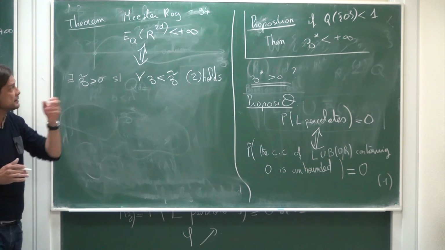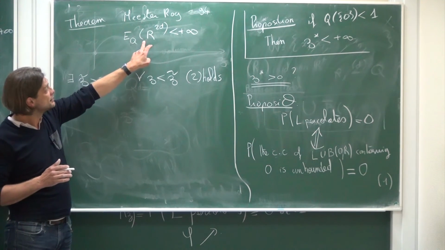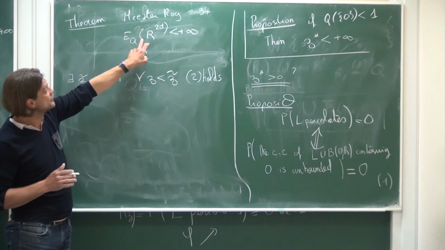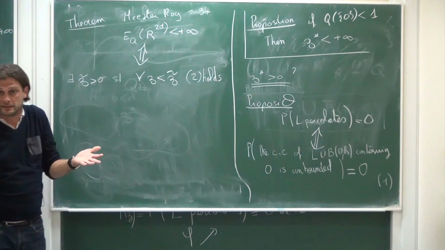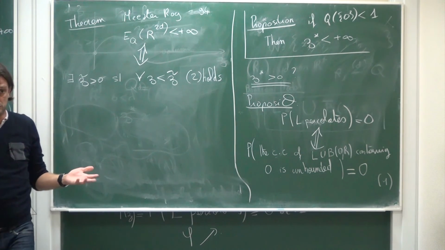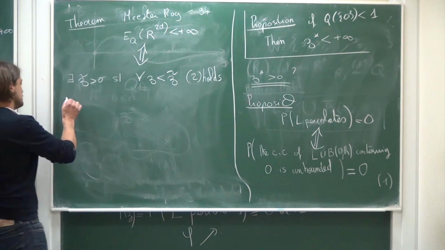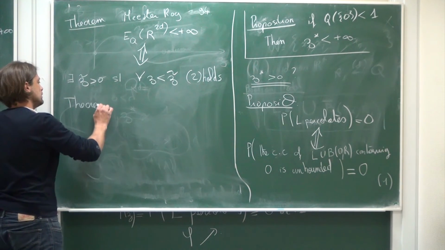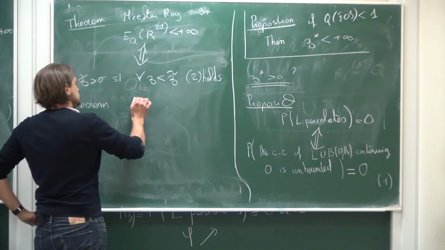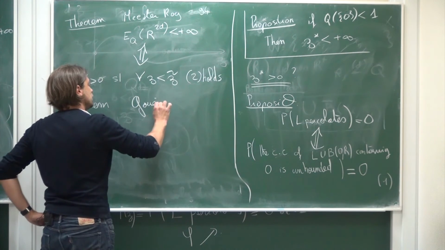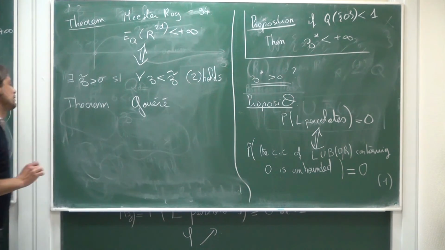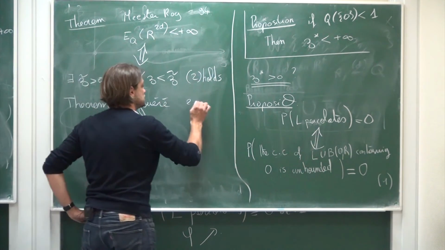But the problem is what happens if Q doesn't have a 2D moment, but for example a D moment, like the basic assumption. And for that we have a second theorem, proved by my colleague Dereudre in 2006.